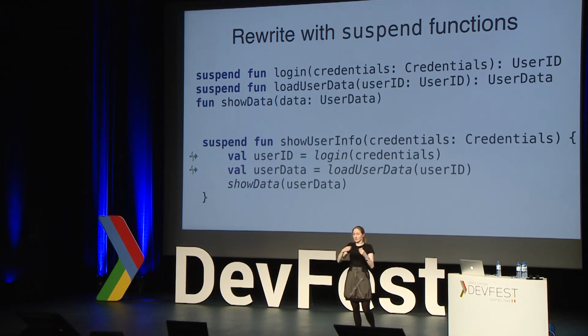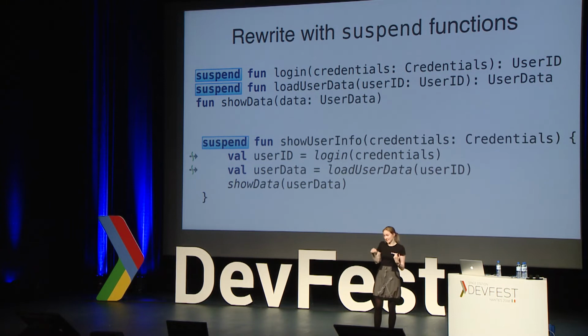And whenever you write it, you can define them as suspend. At the beginning, when you understand that yes, this is something that might be suspended, the main idea is that it doesn't change the way you write code. You just add these suspend modifiers, but everything else stays the same.